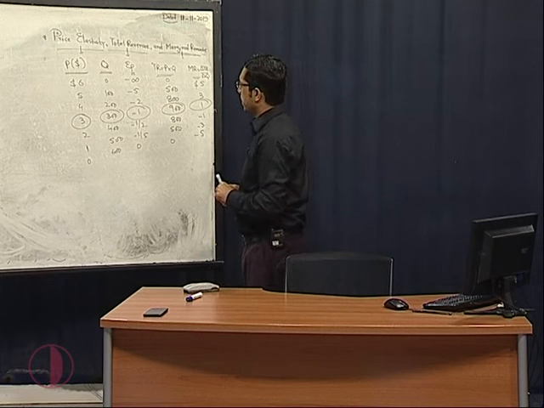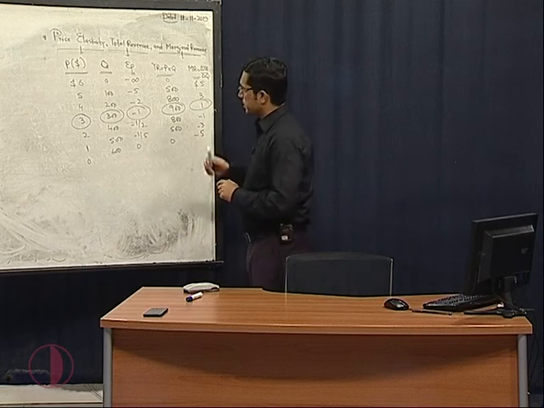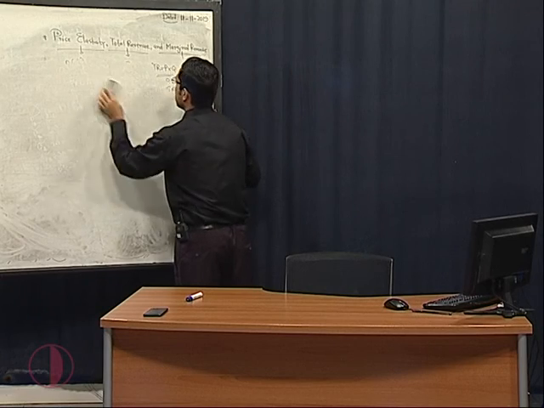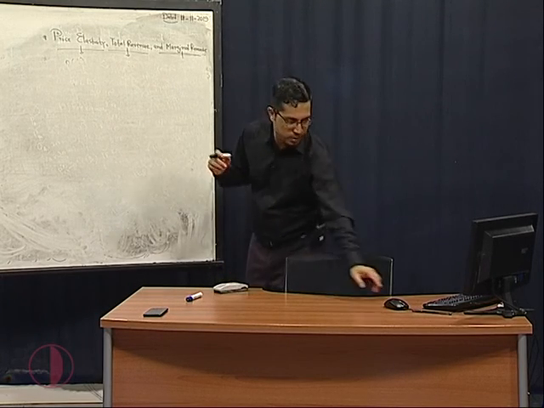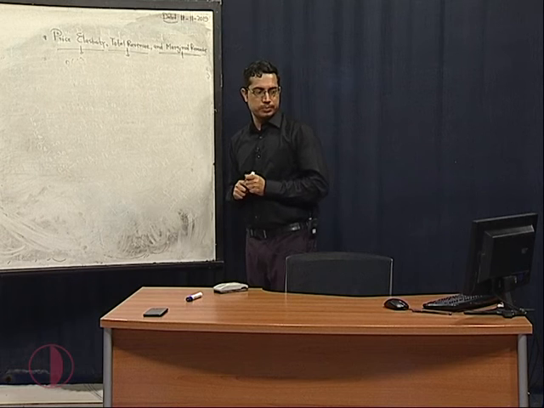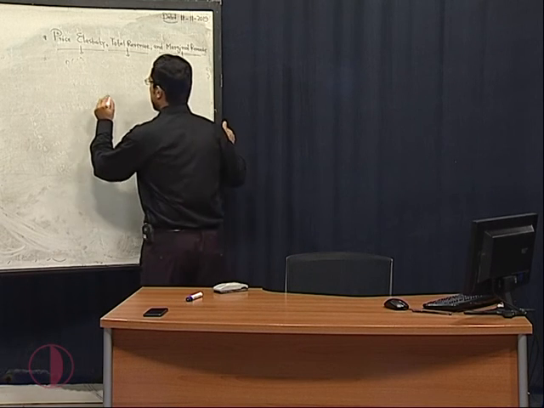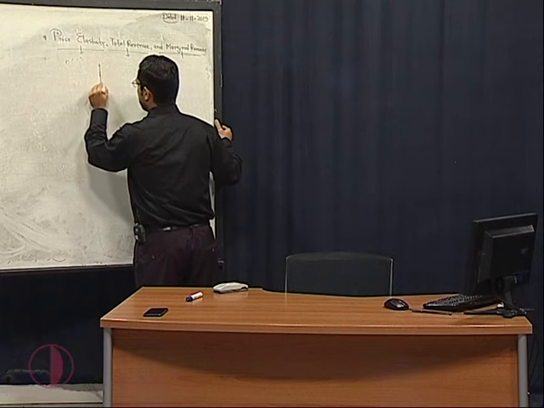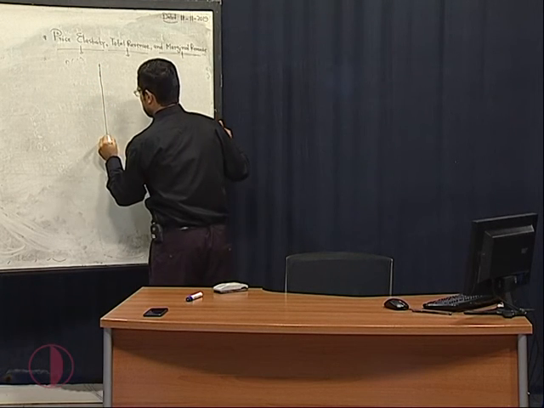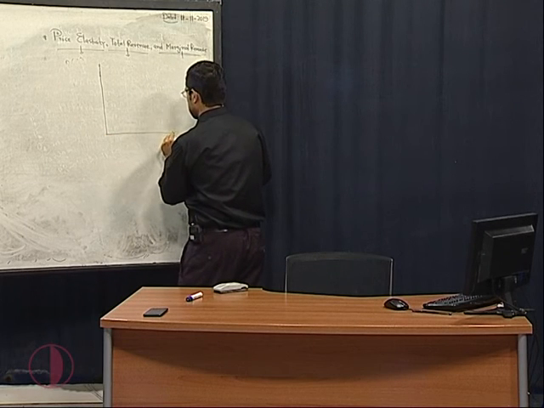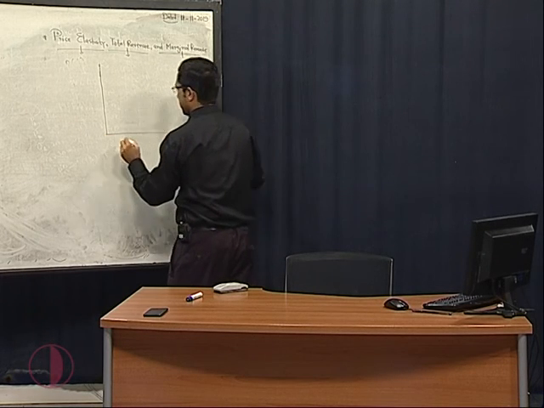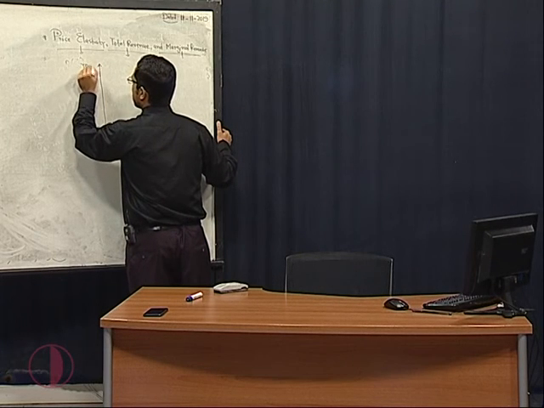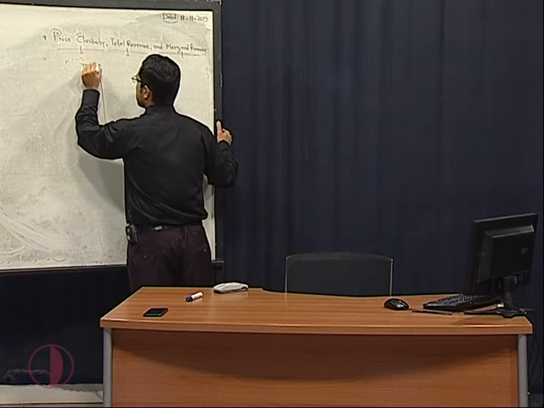So, let me draw these values graphically. We can easily understand. This is the graph of the total revenue. On the horizontal axis we have quantity of X. On the vertical axis we have total revenue in US dollars.